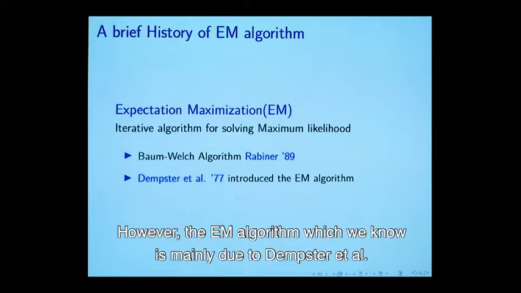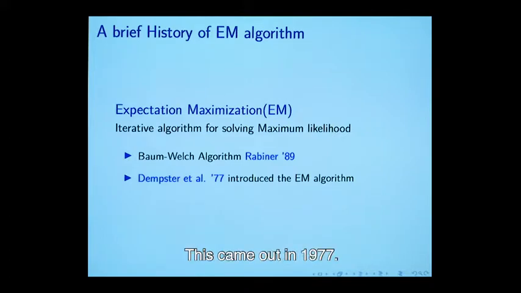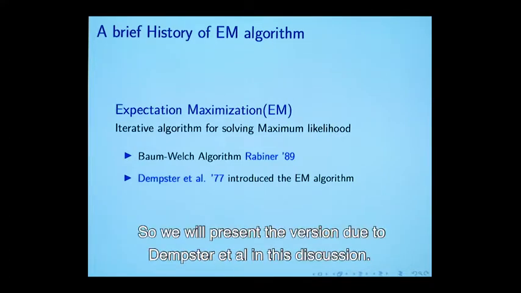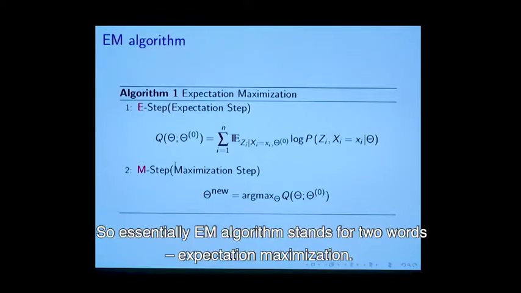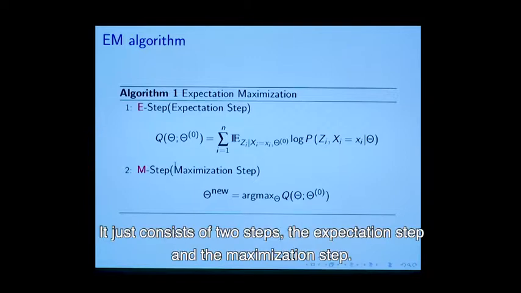However, the EM algorithm which we know is mainly due to Dempster et al. This came out in 1977. So we will present the version due to Dempster et al. in this discussion. Essentially EM stands for two words: expectation maximization. So it just consists of two steps, the expectation step and the maximization step.